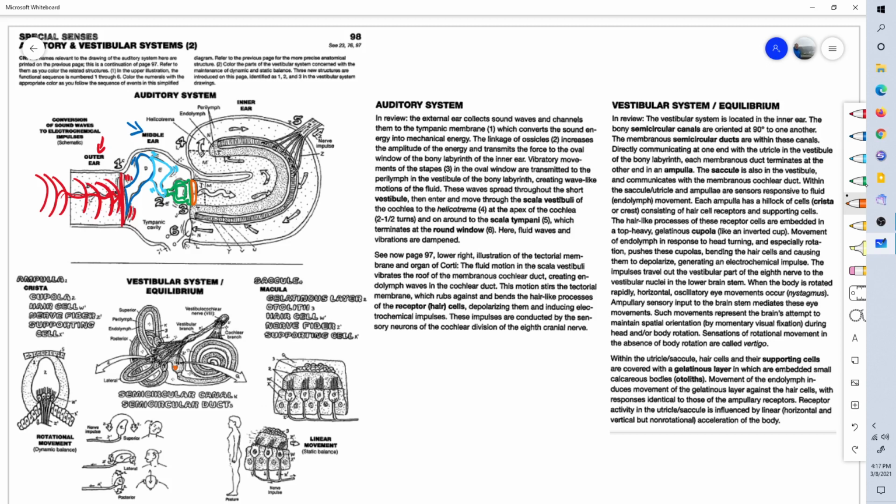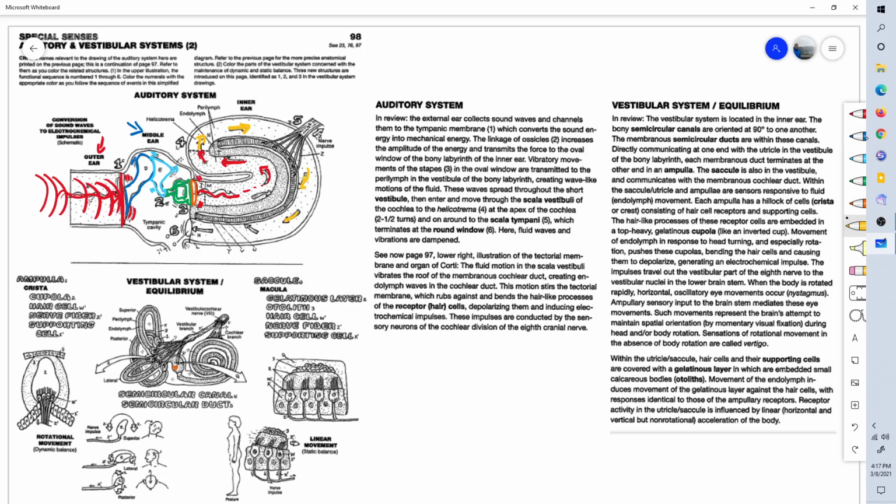So these vibrations, these sound vibrations, go back to red, continue to travel. They're transmitted from the oval window here, which begins to shake throughout the scala vestibuli, all the way around into the, new color, into the scala tympani.